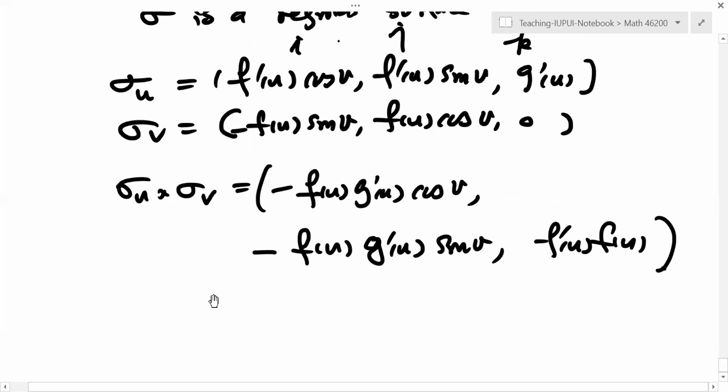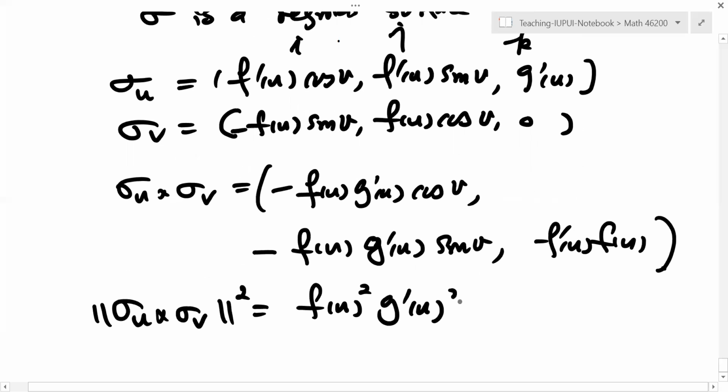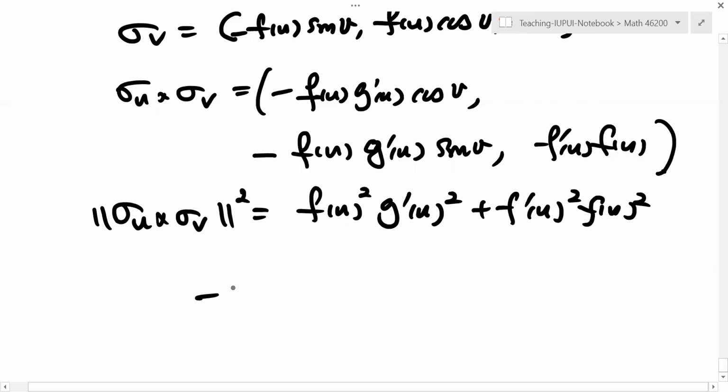The question is whether this is going to be 0. So let's just look at the norm. The norm square is going to be F u square G prime u square plus F prime square F u square.